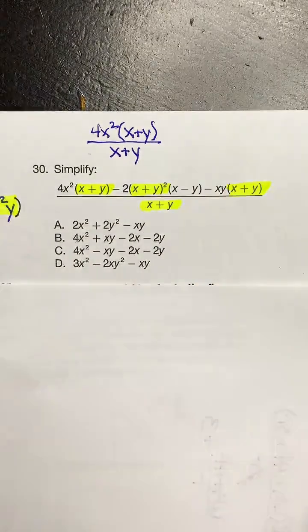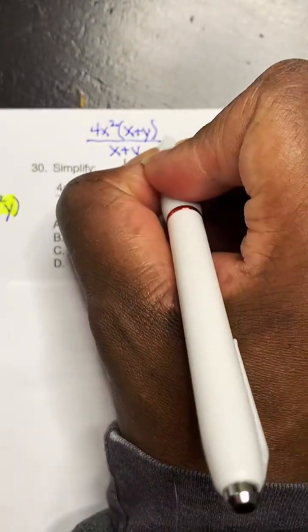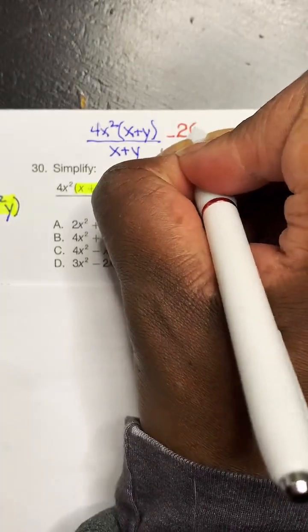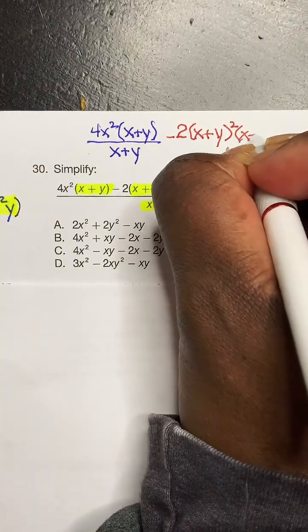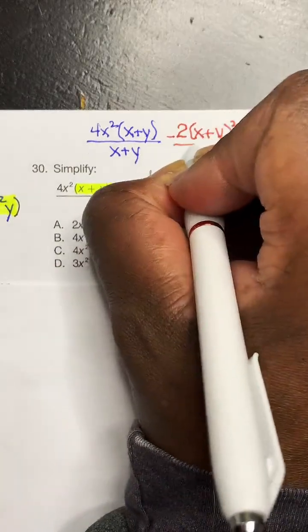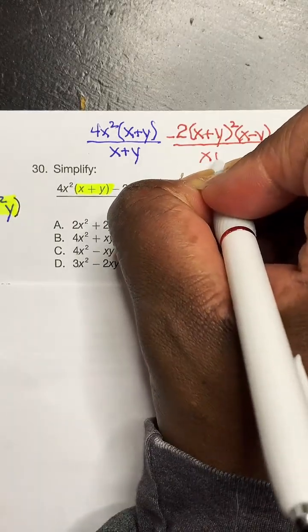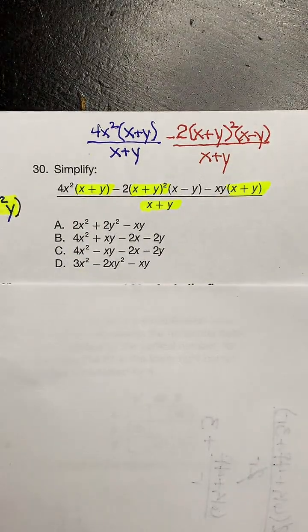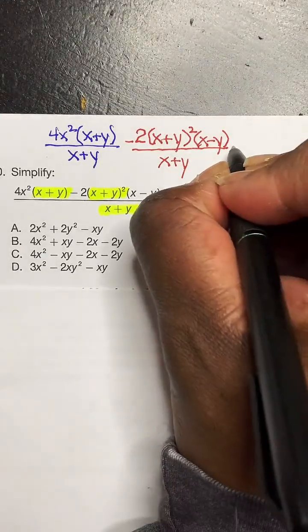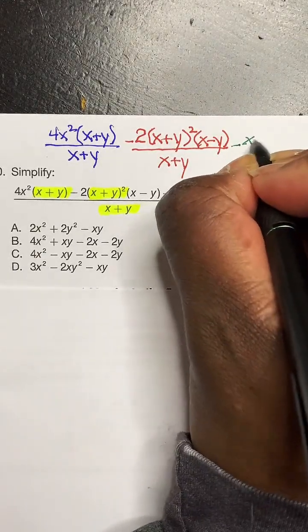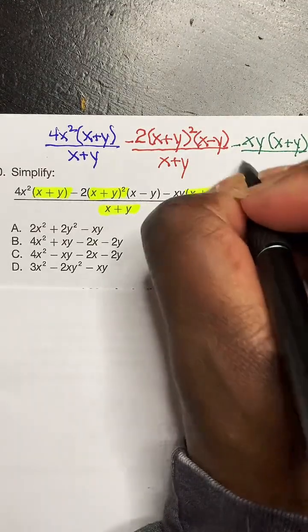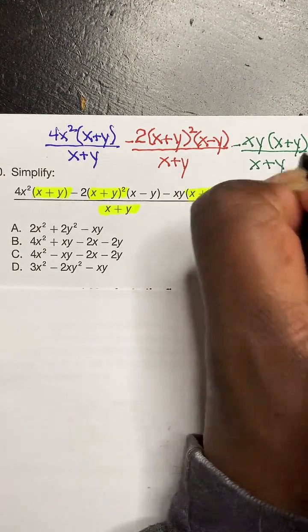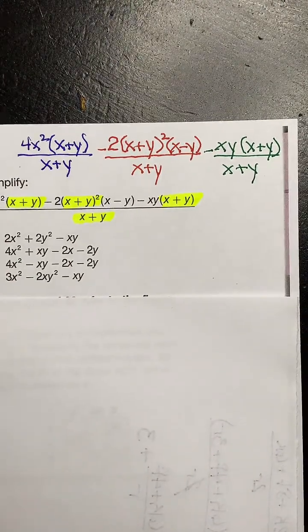We're going to have our negative 2 times x plus y squared times x minus y. Now, x minus y is not the same thing. And then lastly, we have our minus xy, x plus y over x plus y. Okay, so take a gander.